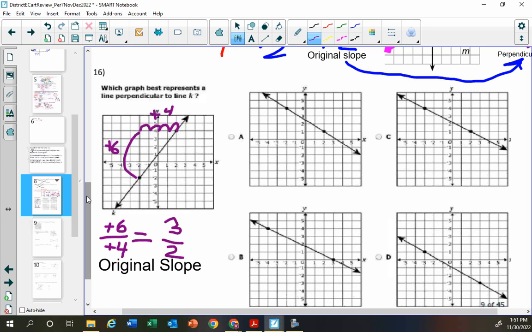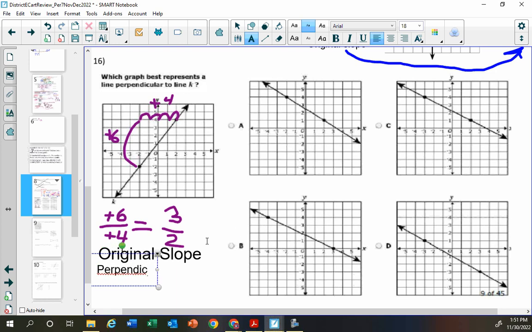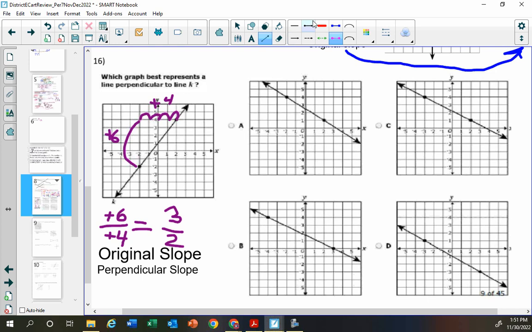Now we want a perpendicular slope. So what would be the perpendicular slope? What would be a perpendicular slope here? Your original slope is here, but what do you have to do to your original slope?